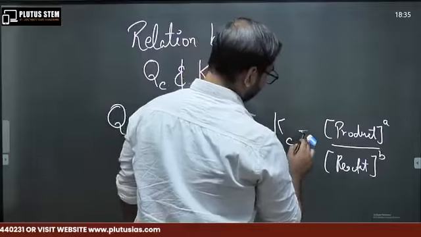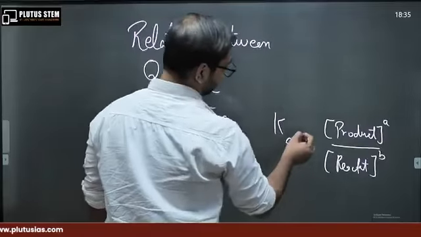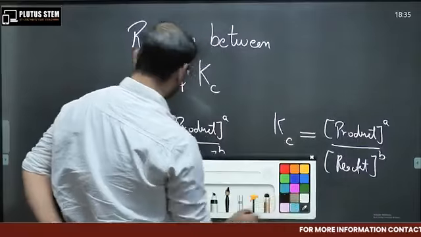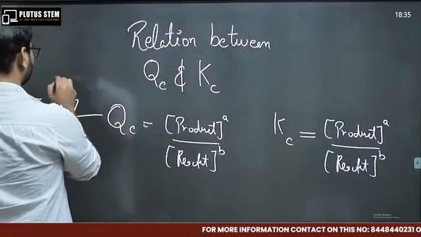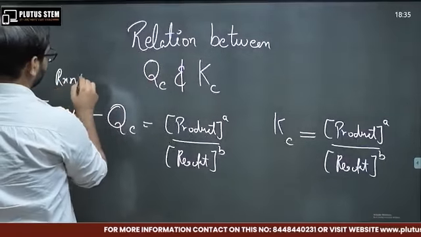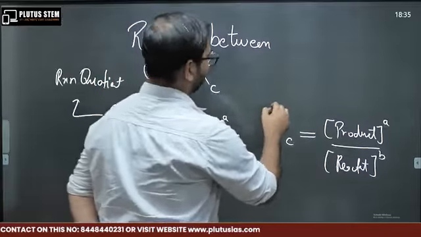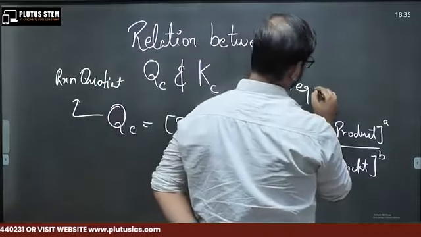So now, what are the conditions that separate them? First thing, QC is called your reaction quotient and Kc is your equilibrium constant.